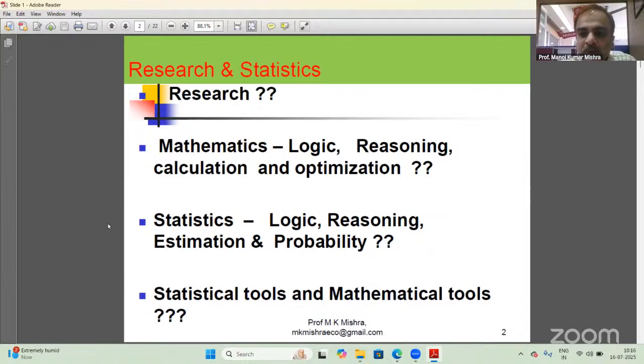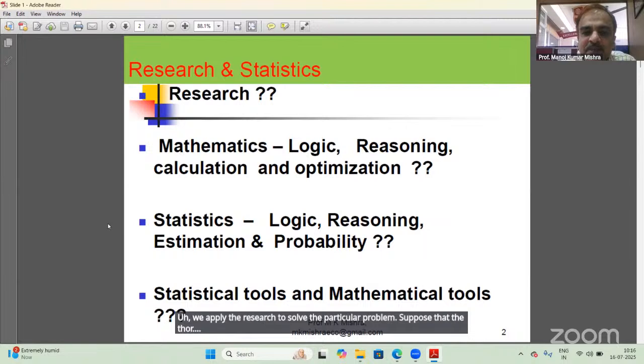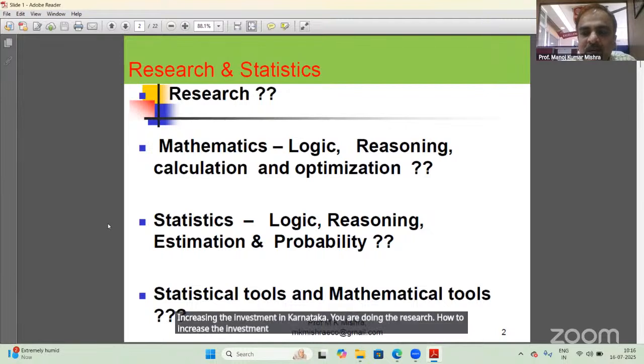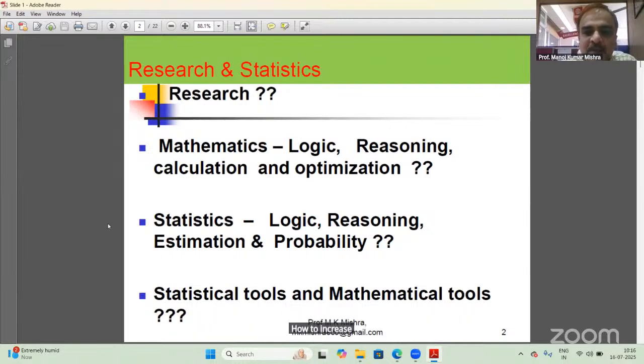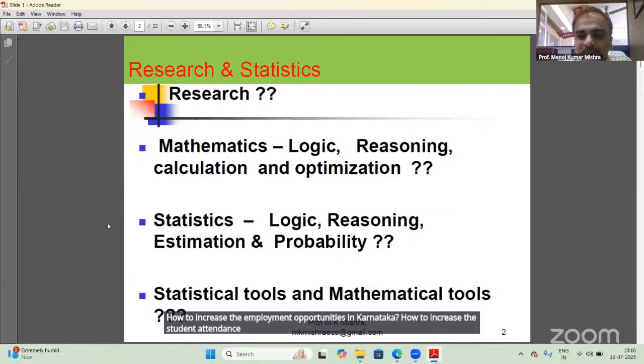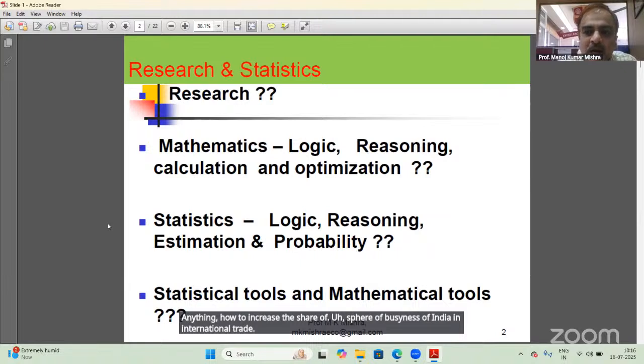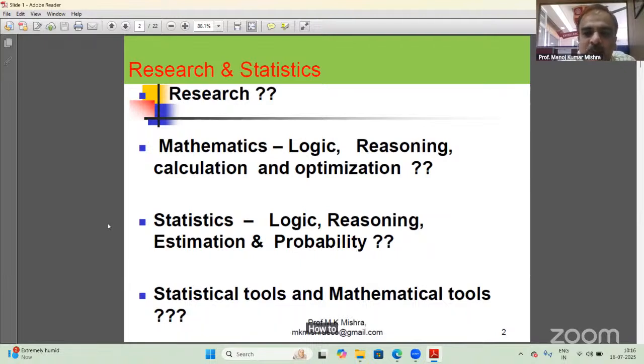Second, we apply the research to solve a particular problem. Suppose you are doing research on how to increase the investment in Karnataka, how to increase the employment opportunities in Karnataka, how to increase student attendance in the class. Anything, how to increase the share of business of India in international trade, how to increase the export of India.